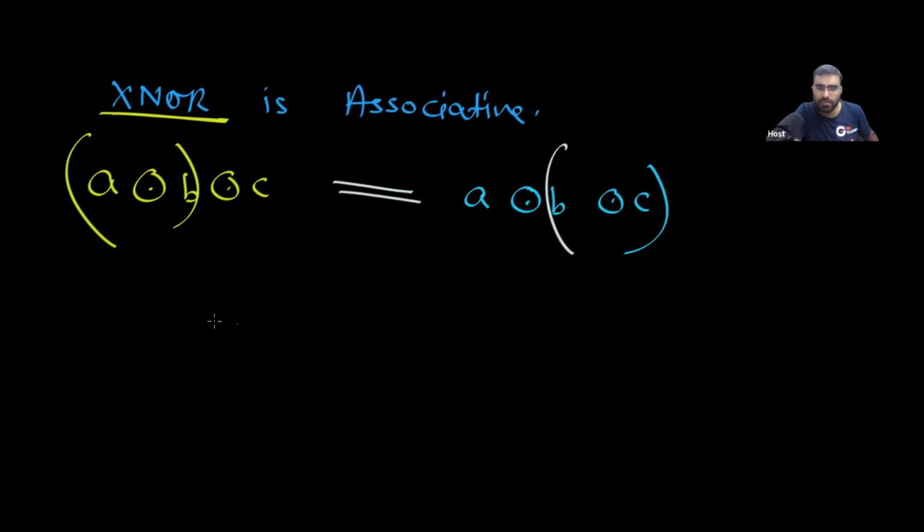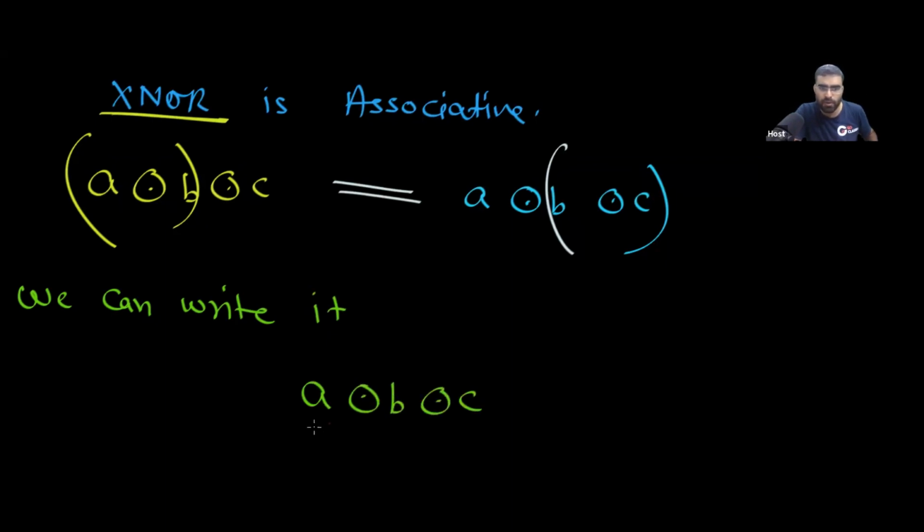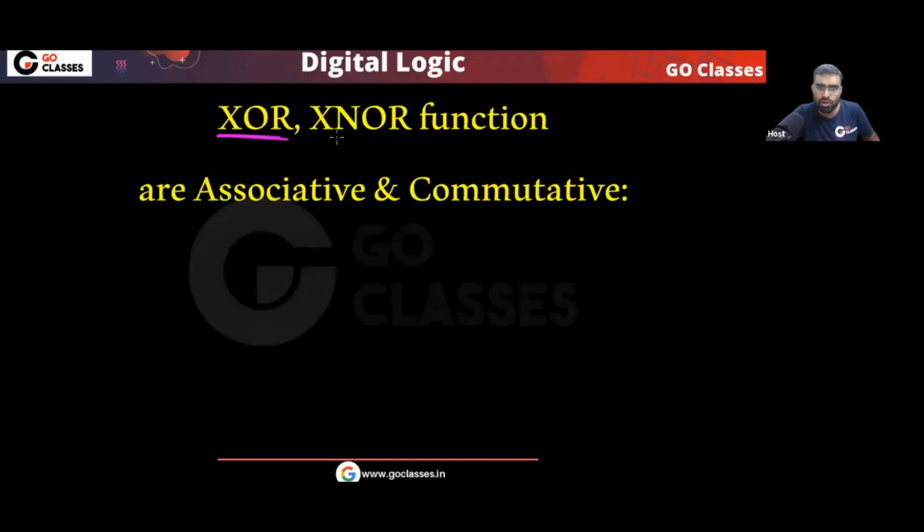And because they are same, you can directly write it as A XNOR B XNOR C. You can directly write like this, because you know that XNOR is associative. So finally, I can write it like this. Okay, very simple. Now you also know that XOR is also associative.